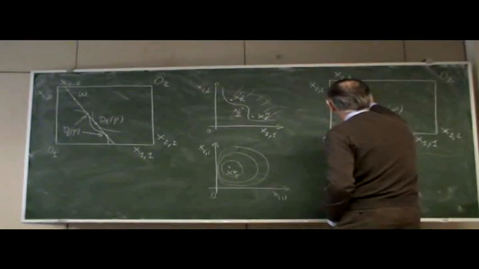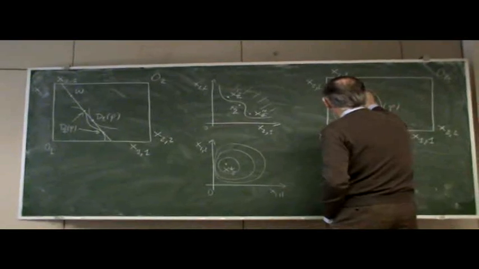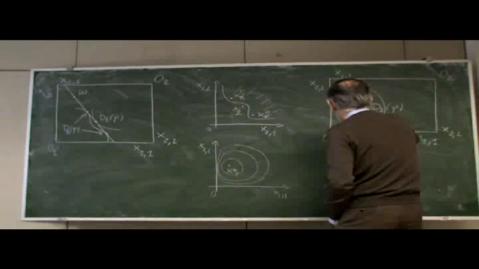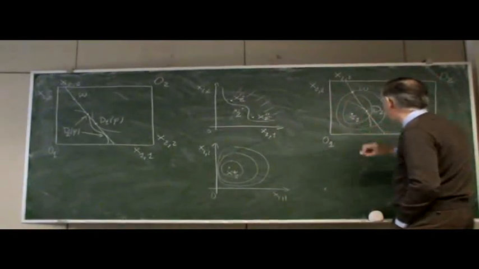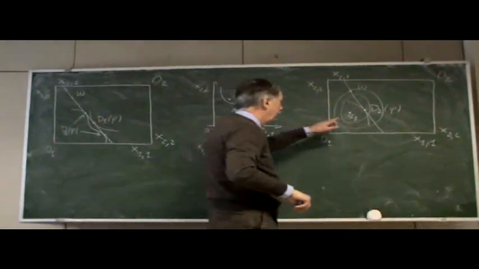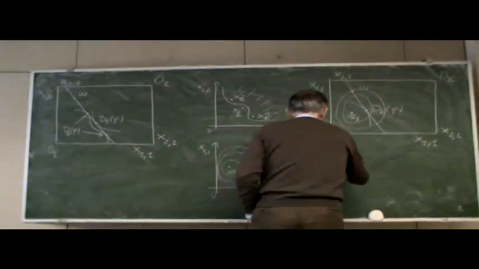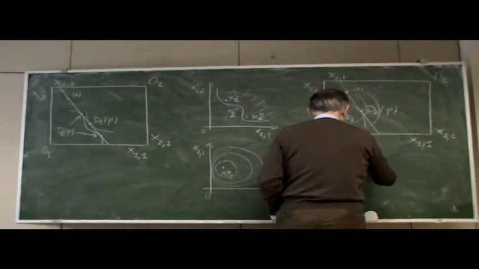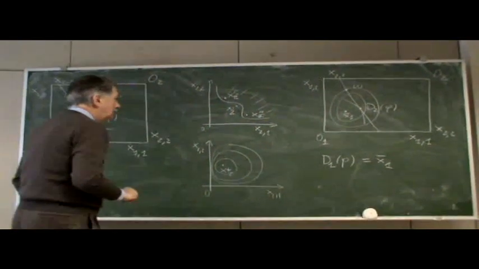This is the indifference curve which passes by the initial endowment. There is another indifference curve, and suppose that here there is the bliss point. The point of beatitude, the unconstrained maximum. Is it clear that this point is the demanded point? D1 of P for every P with no negative components is exactly equal to x bar 1.